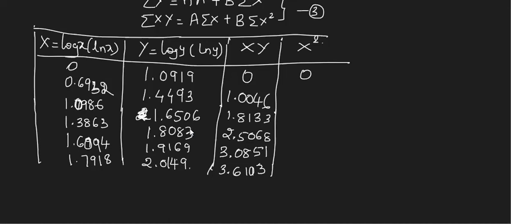Tell me the x square column fast. 0.4805. Okay. Next. 1.2099.